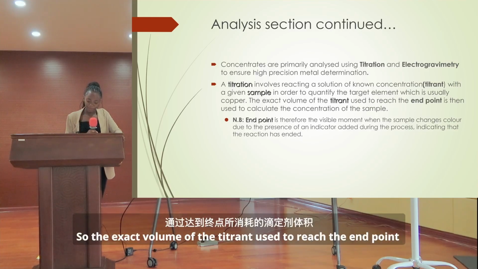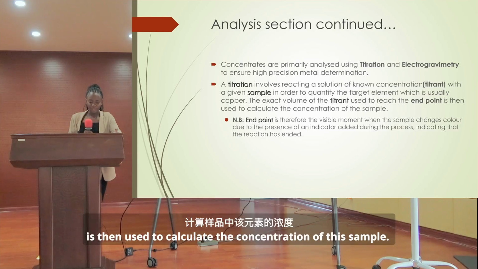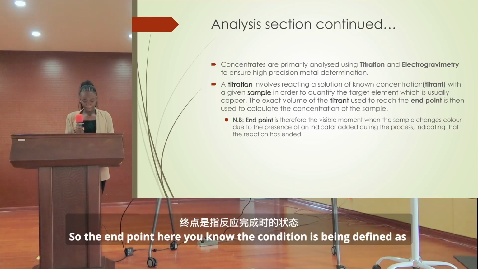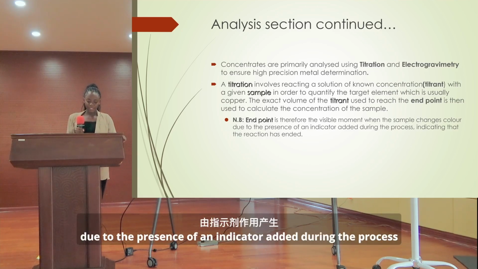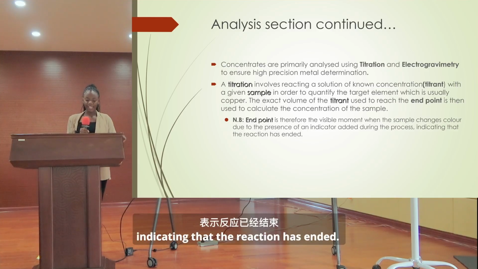The exact volume of the titrant used to reach the end point is then used to calculate the concentration of the sample. The end point here is defined as the visible moment when the sample changes color due to the presence of an indicator added during the process, indicating that the reaction has ended.